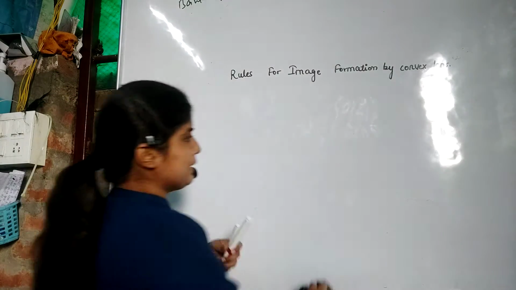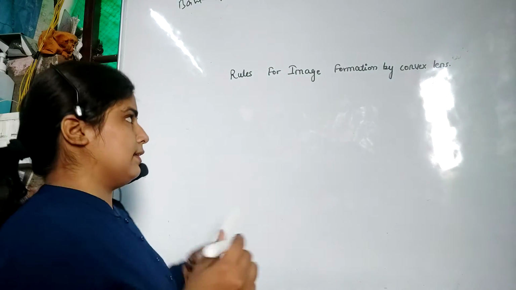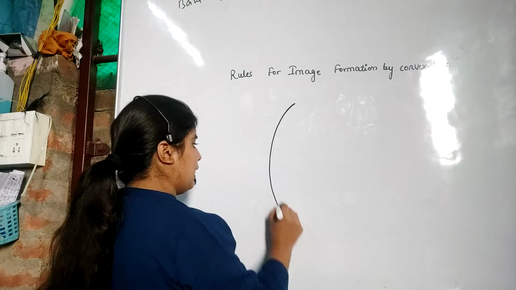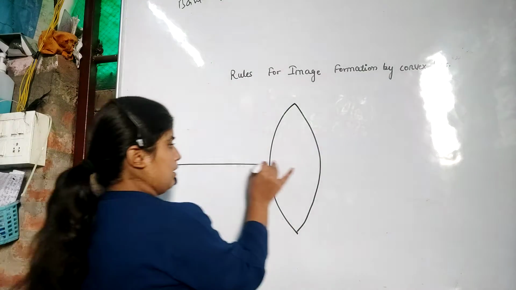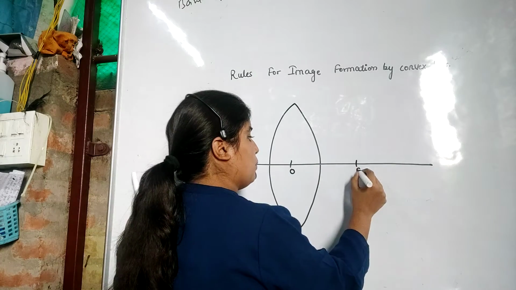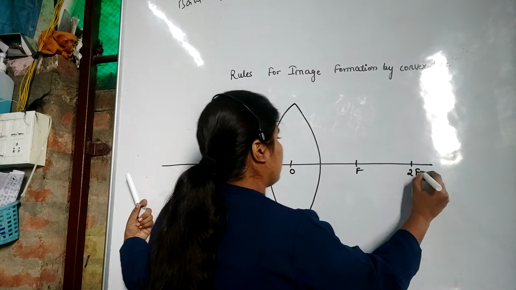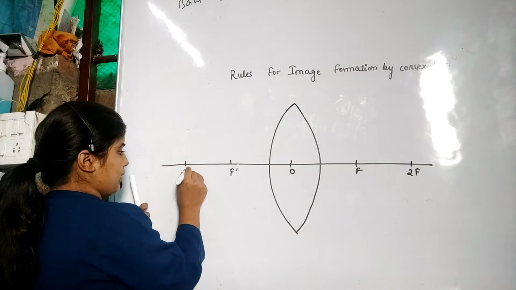Now I am going to discuss the second rule of image formation by the convex lens. So again we have to draw the convex lens. Okay, and again this is the optical center, focus F, 2F, and this one is F dash, and then this one is 2F dash.